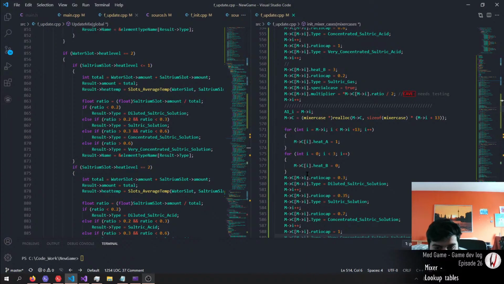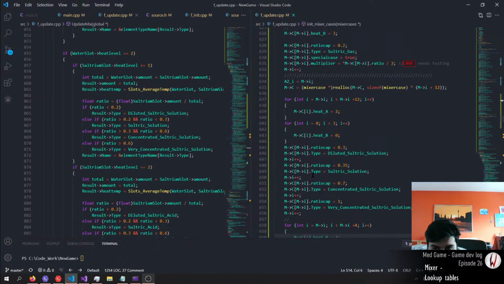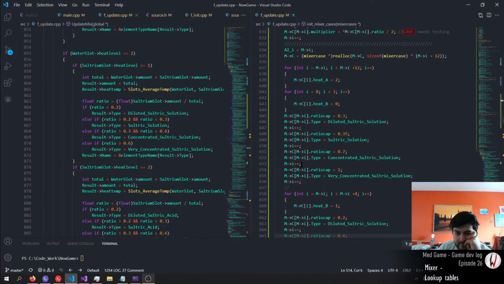Okay, so the last one, no, it's not the last one, it's number 2. So heat level 2, heat level 0. Diluted.